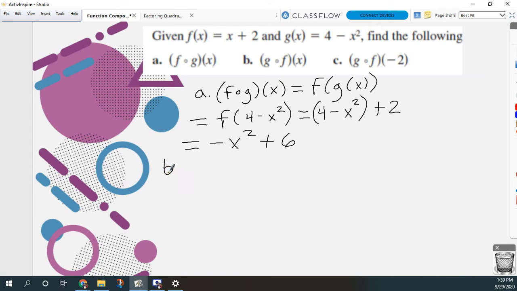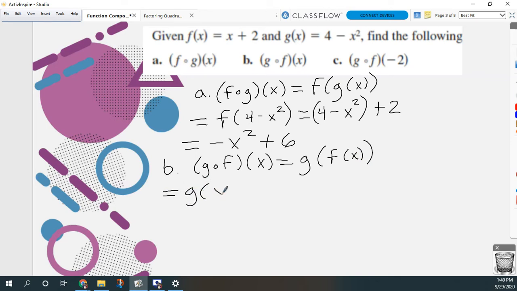Now let's do it the other way. I have g composite f this time. And so again, we can rewrite that as g of f of x. We always want to start from the inside and work our way out. So we want to plug in our f of x, which is x plus 2. And then again, it's like copying and pasting.